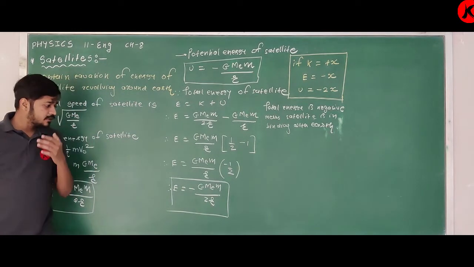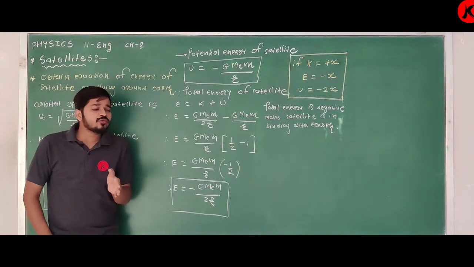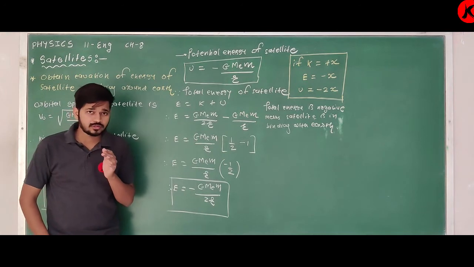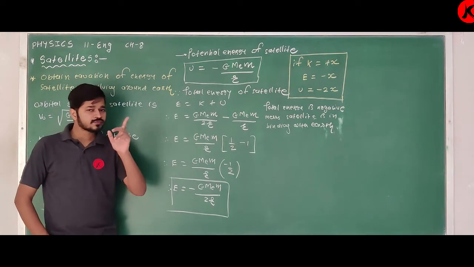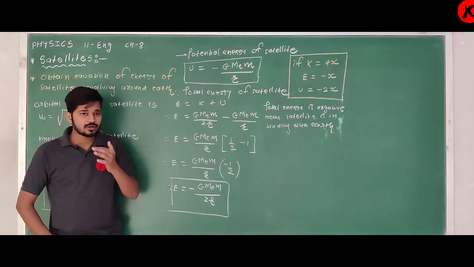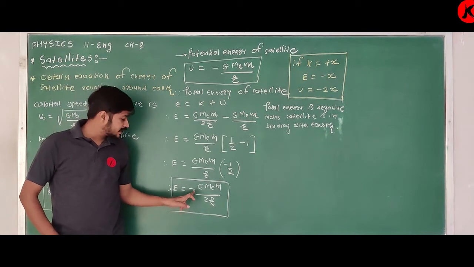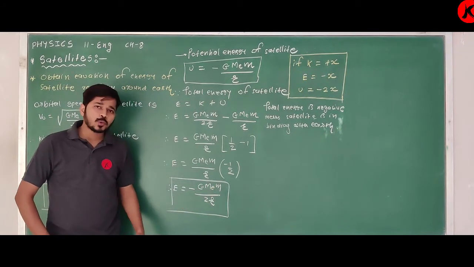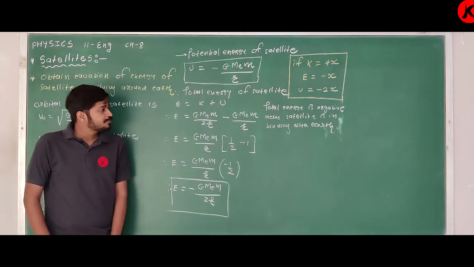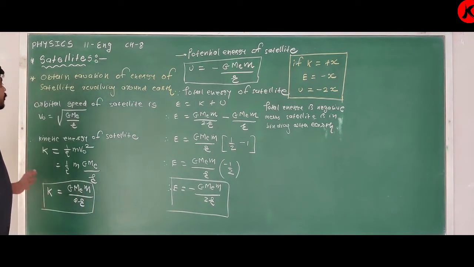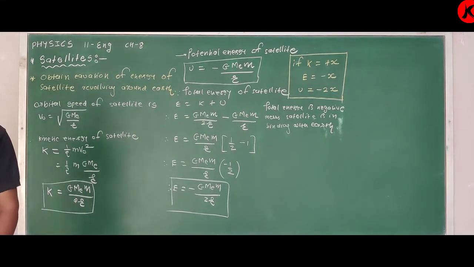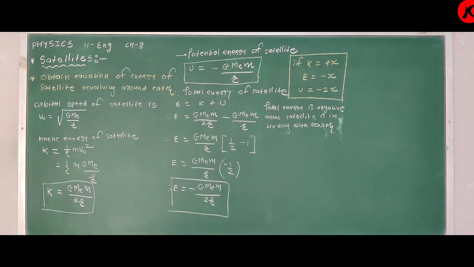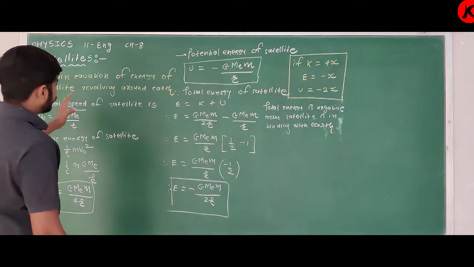If I ask you one question, did you remove Earth? No. To remove satellite from binding of Earth, what is energy given to satellite? It is plus G Me m upon 2r. That is escape energy. Clear about this? So it is about satellites. What is energy of satellite revolving around Earth? Okay, this question is over.